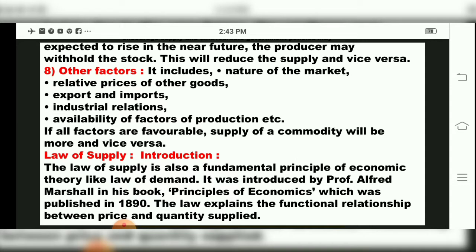Means what? They will not send to the market whatever commodity people are demanding. Why? Because they want that particular commodity's price to rise. People should have more demand in the market, and when more demand is there, prices also increase, supply also increases. So these are the factors regarding the determinants of supply, children.